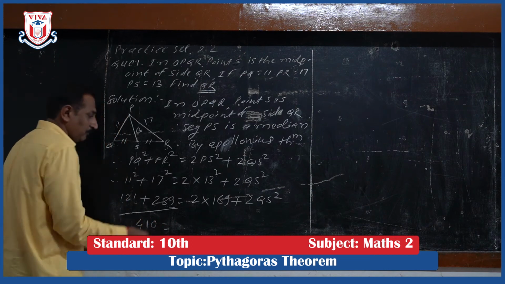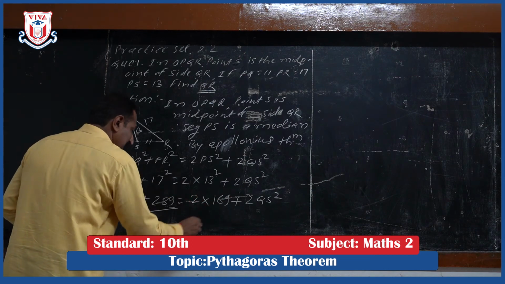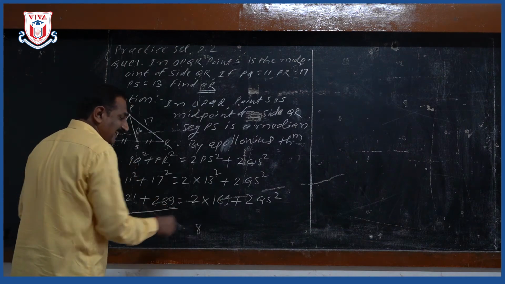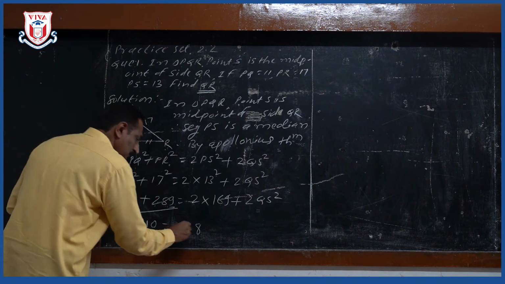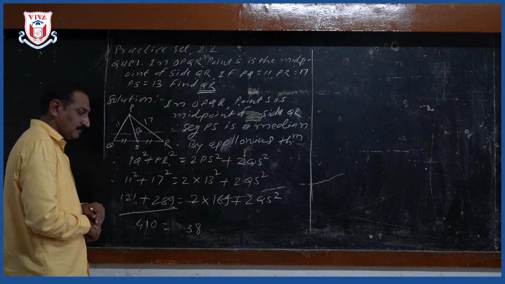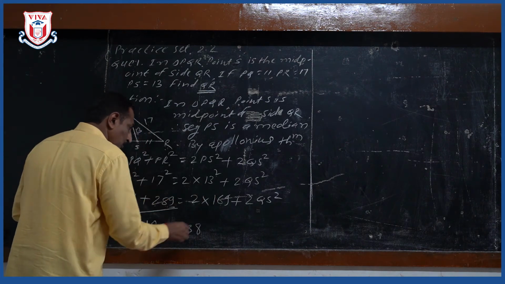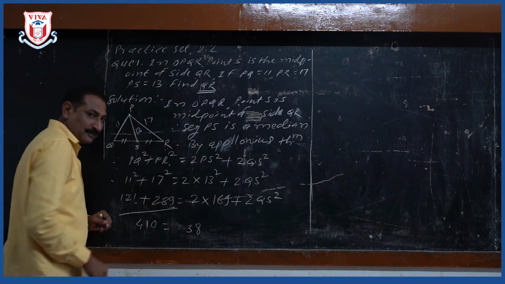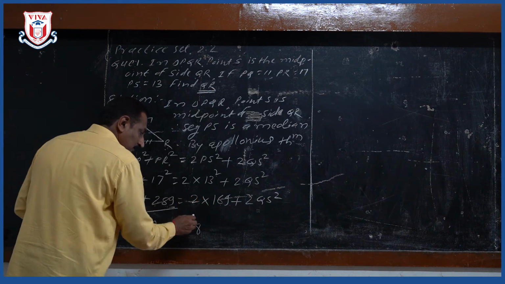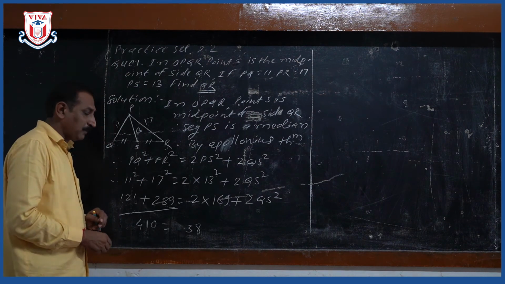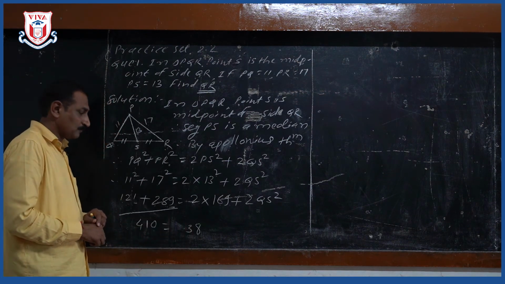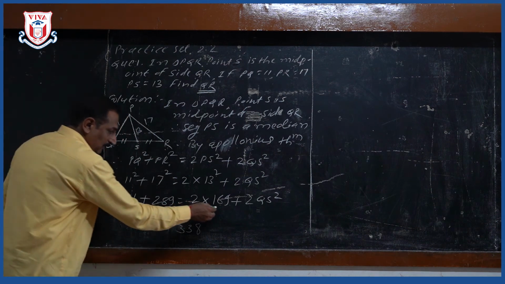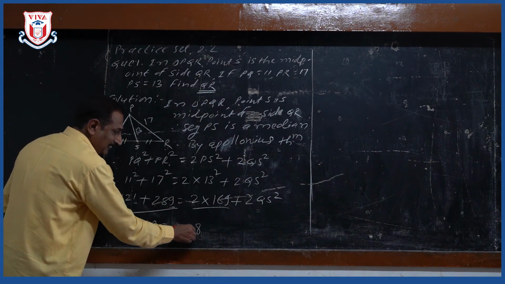This is equal to the product of this: 2 9s are 18, 2 6s are 12 plus 1 is 13, 2 1s are 2 plus 1 is 3, so the product of this is 338.